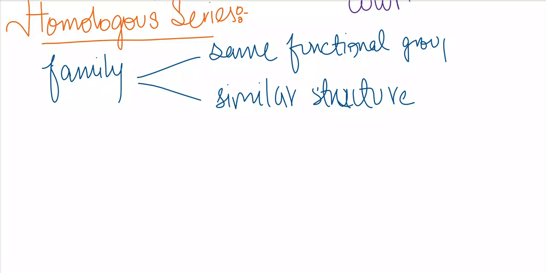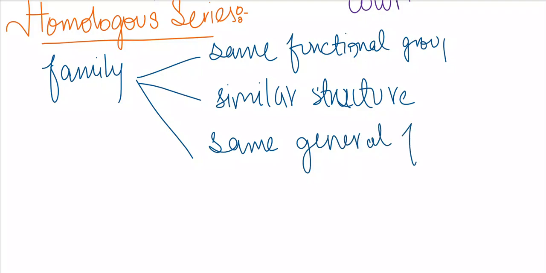All the members of such a series are represented by a specific formula, and the members of the homologous series have the same characteristics, meaning they have the same functional group and the same general formula, as we have discussed for alkanes, alkenes and alkynes. They differ from one member to the next by CH2.